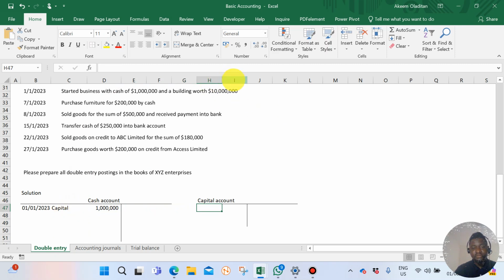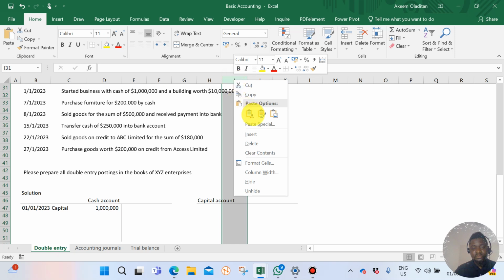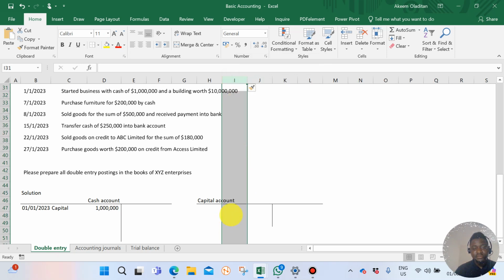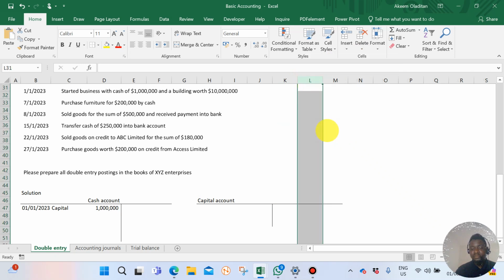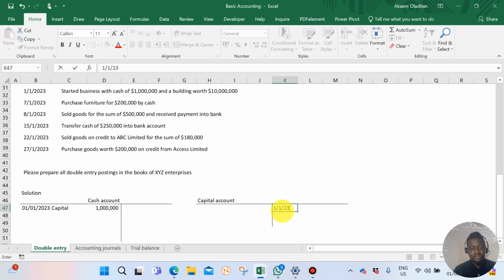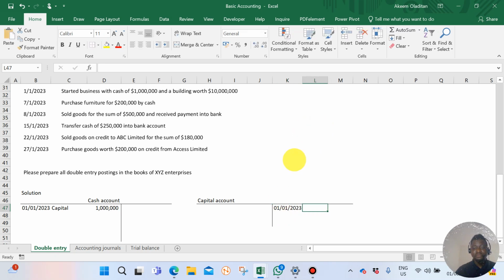Here we have, on the same date, 1/1/23, cash. How much is the cash?